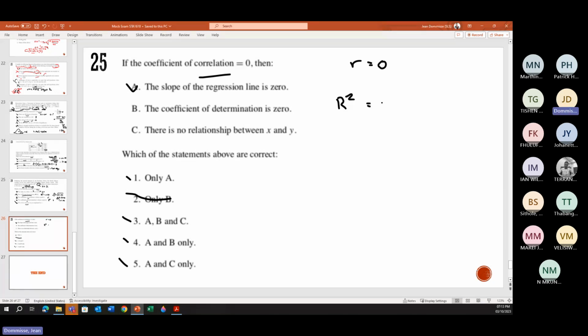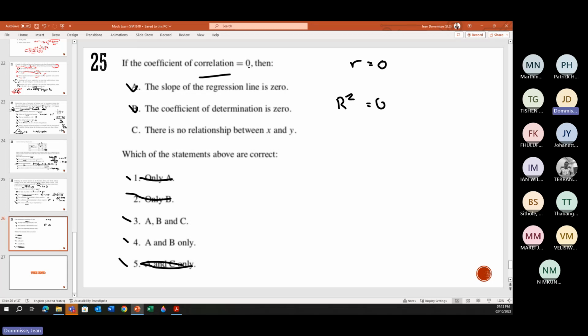Also 0. So B is correct. So only A, no, it can be A, B, and maybe C, A and B only, and C only. So now we're sitting with two options that we can go through.